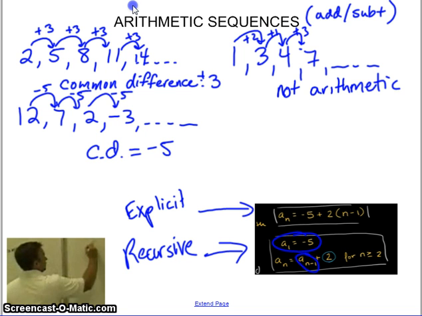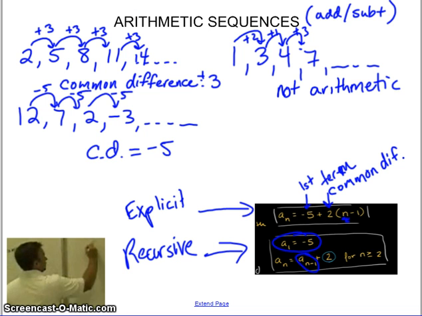The explicit formula is better used because it has the first term and the common difference. The first term is here, and the common difference is right here. Then we take the term we're using, subtract 1, and multiply by the common difference.